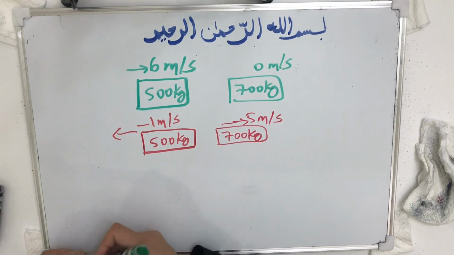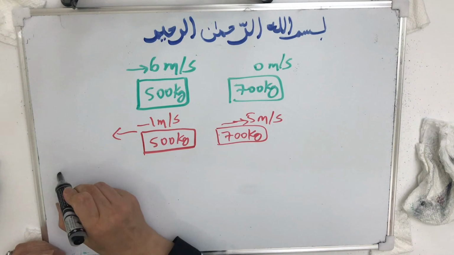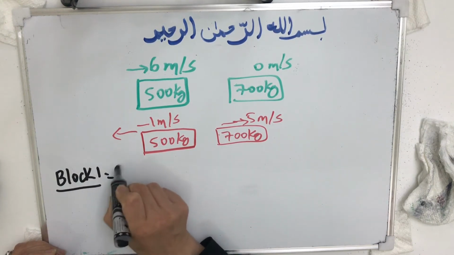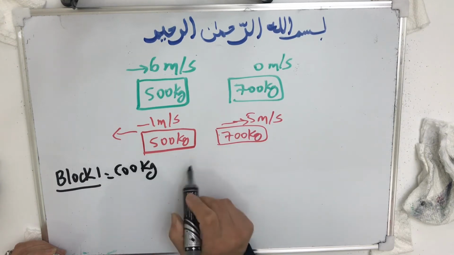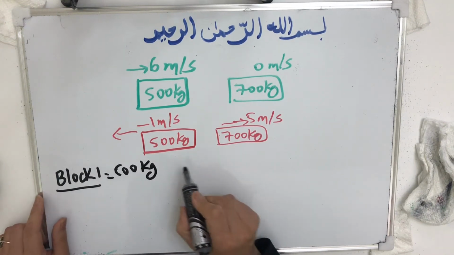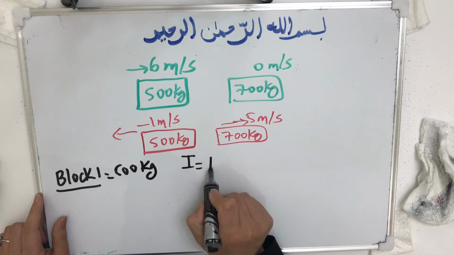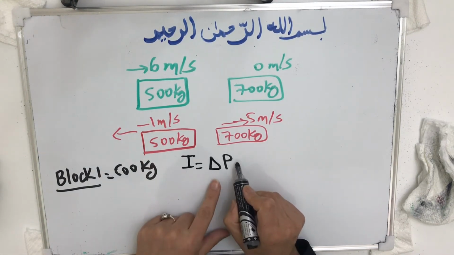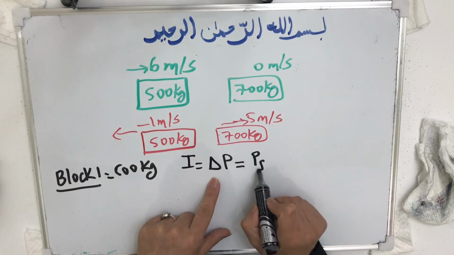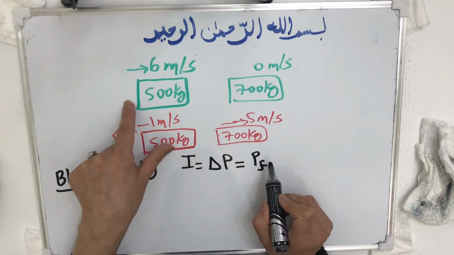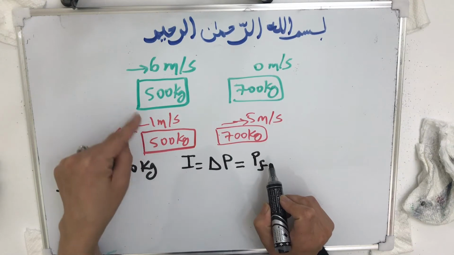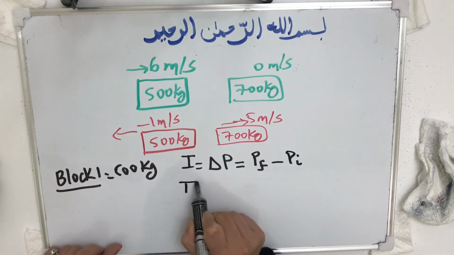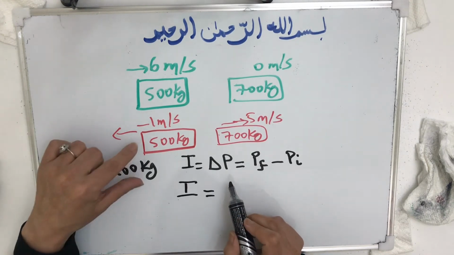Okay, so let's consider the 500 kilograms here. Block 1 is the 500 kilogram. So let's calculate the impulse, or delta P, on block 1. So it's going to be P final on block 1 minus P initial on block 1. What is P final?